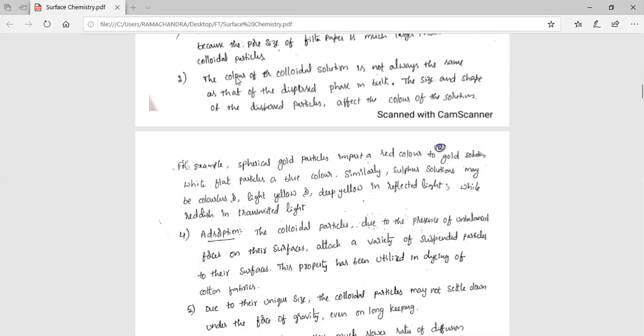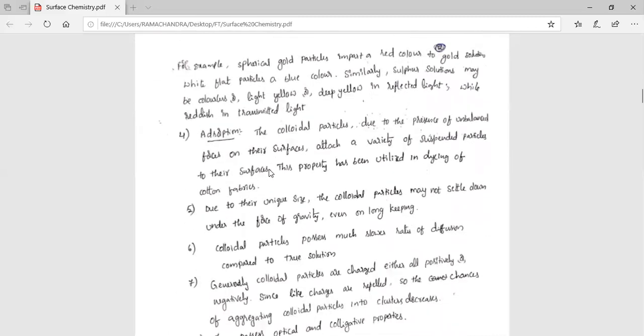Similarly, a sulfur solution may be colorless, light yellow or deep yellow in reflected light, while reddish in transmitted light. So the color changes when the particles are dispersed, depending on the shape and size of the particles.